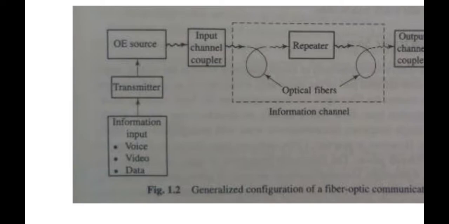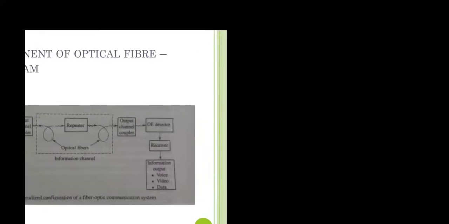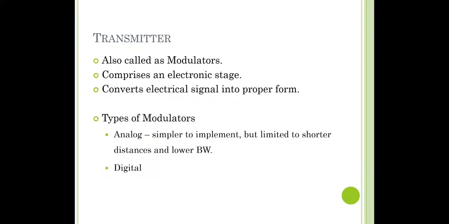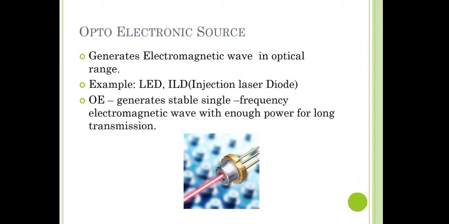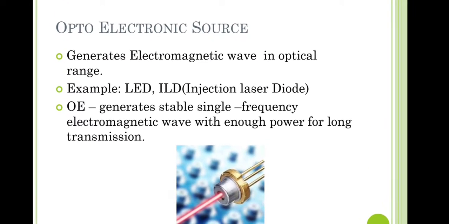So the purpose of the optoelectronic source is that it converts the electromagnetic waves to light rays. This is shown in this slide. It generates electromagnetic waves in the optical range, so light rays are obtained.